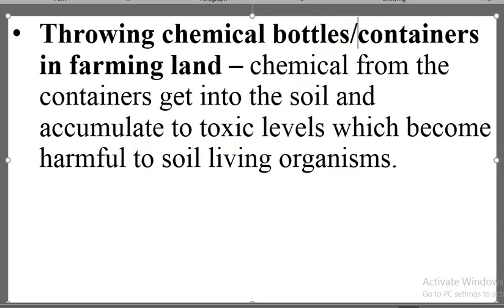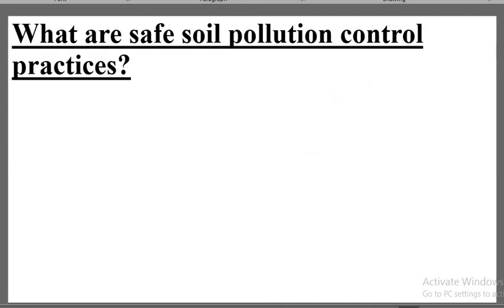So now what can we do to control these practices, as farming practices which are able to help in control of soil pollution? But before that, I want to define or explain the meaning of control measures or safe soil pollution control practices.